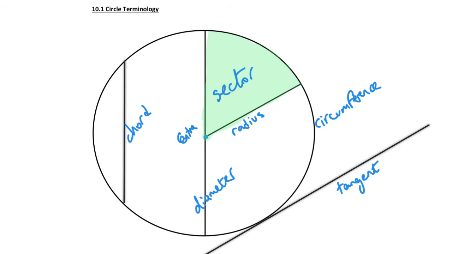An area to the side of a chord is called a segment. The part on the outside of the circle, outside of a sector, is called the arc length.